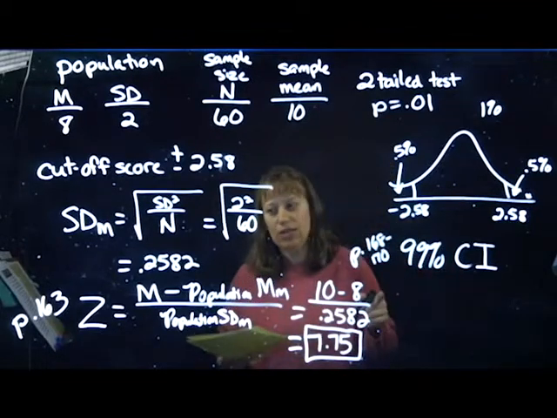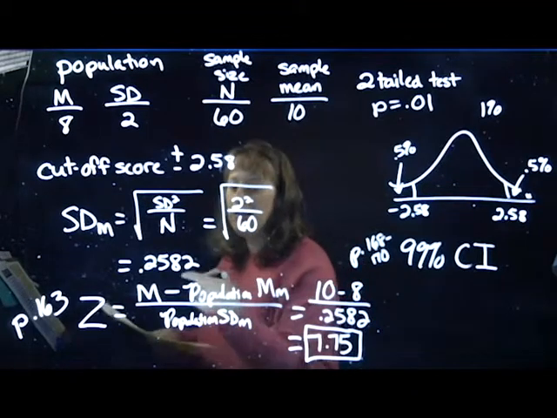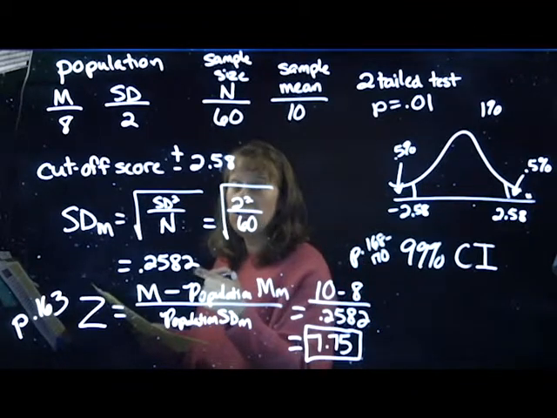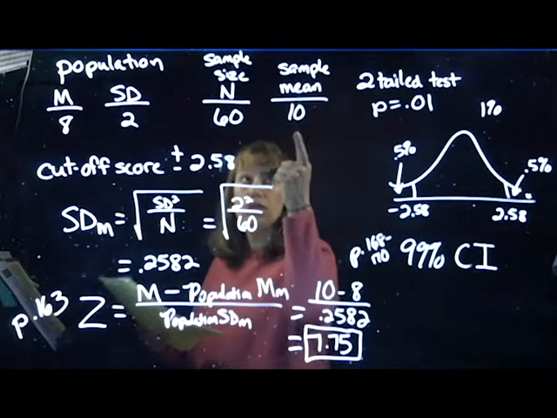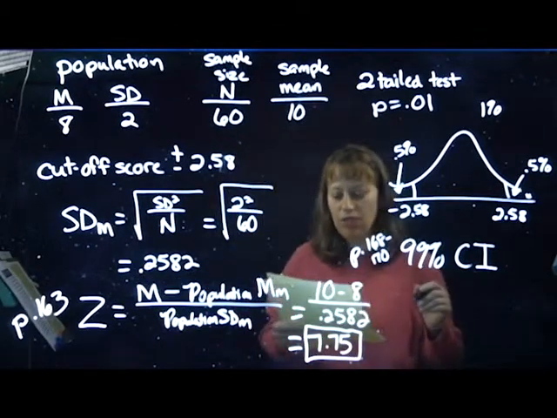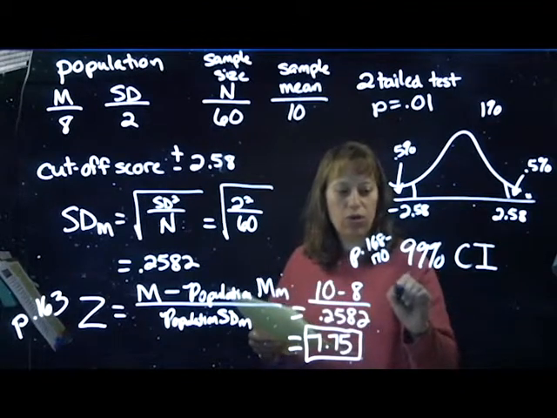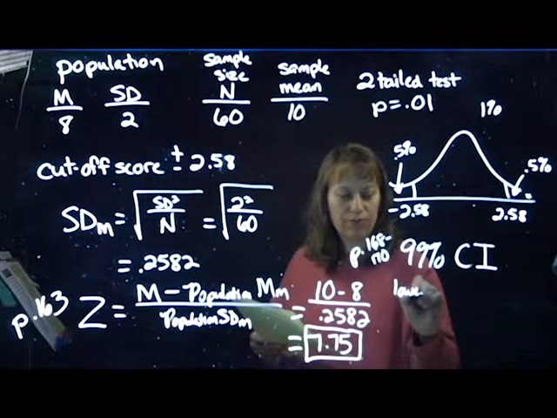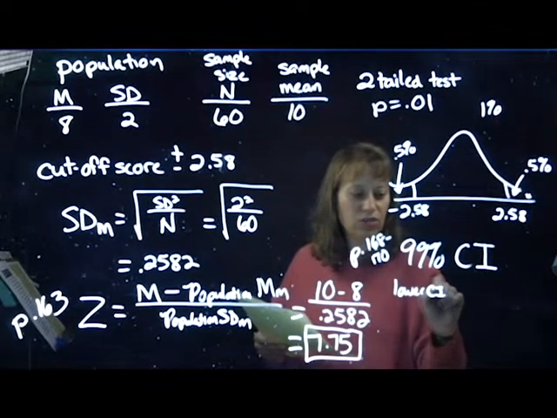The information that we need for our confidence intervals is our standard deviation of the distribution of means, and then our sample mean. Let's calculate our lower confidence interval first.